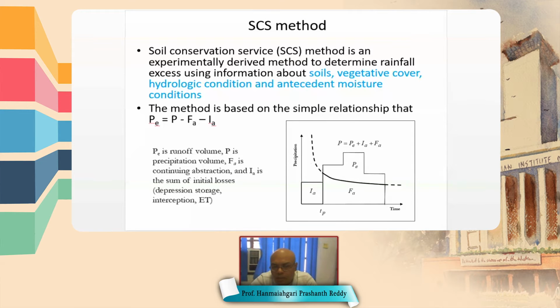But unit hydrographs are mostly not available for many catchments.